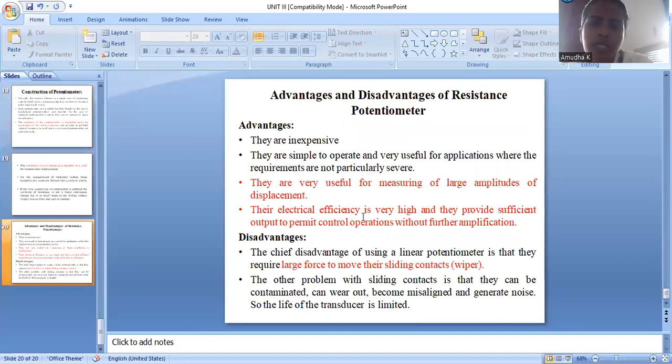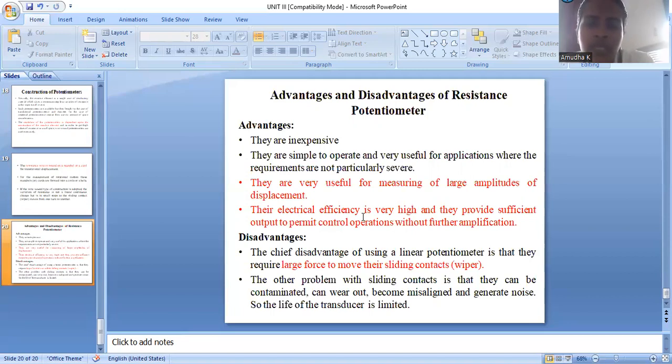And the major advantages and disadvantages of the resistance potentiometer. Advantages: it is very useful for measuring large amplitudes of displacement, its electrical efficiency is very high, and it provides sufficient output to permit control operations without further amplification. The main disadvantage is that linear potentiometers require a large force to move their sliding contact.